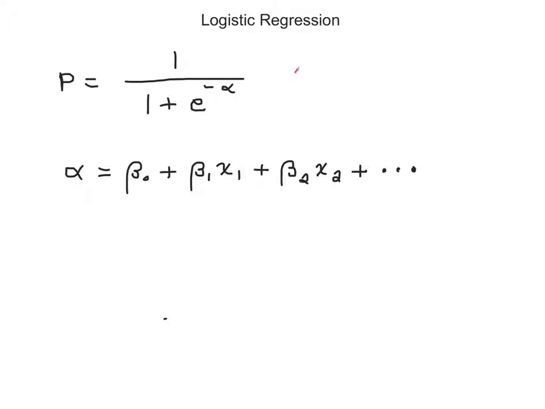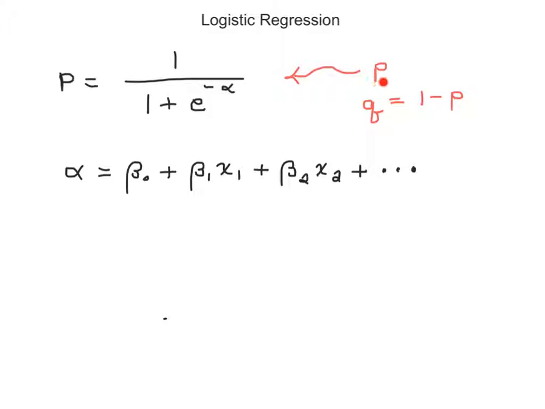Now, this equation gives us the probability, P, that we have a positive output. The probability of a negative output is Q, which is basically equal to 1 minus P. That is to say that our probability goes from 0 to 1.